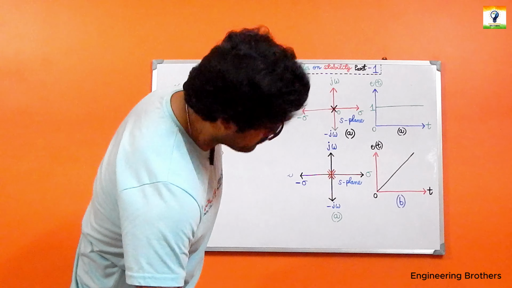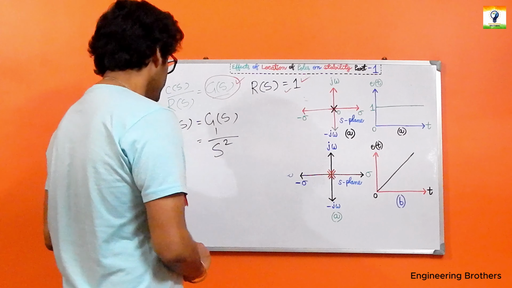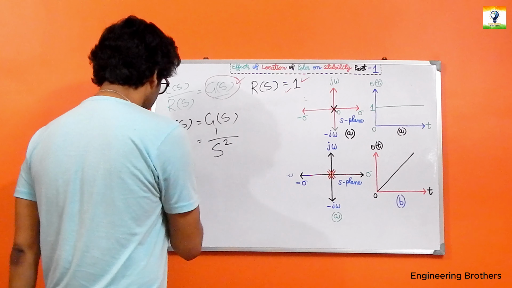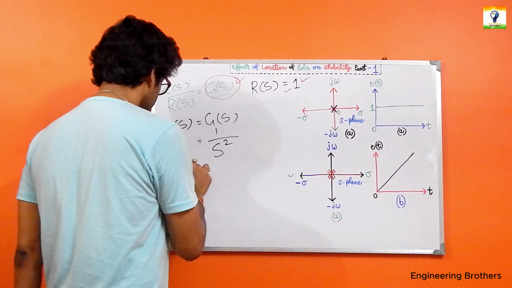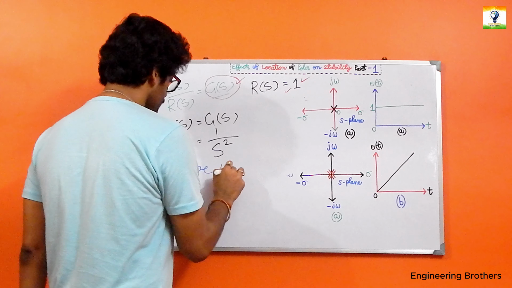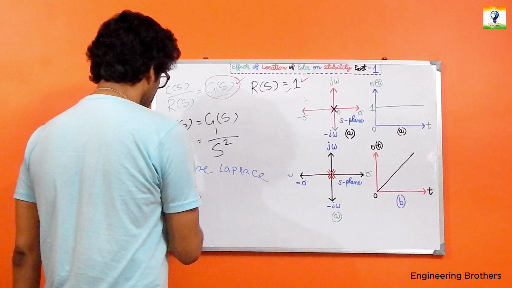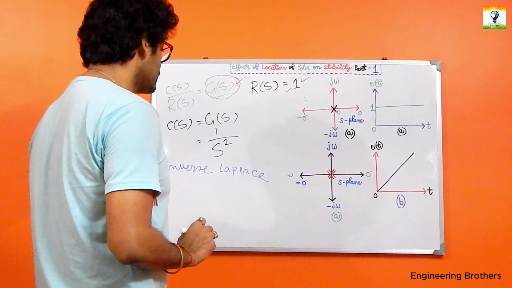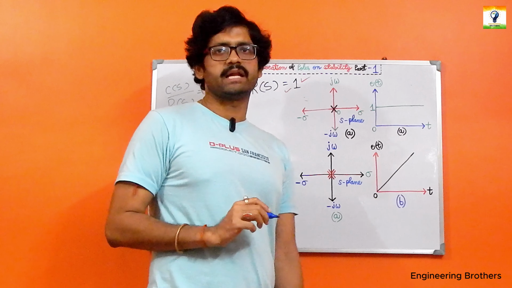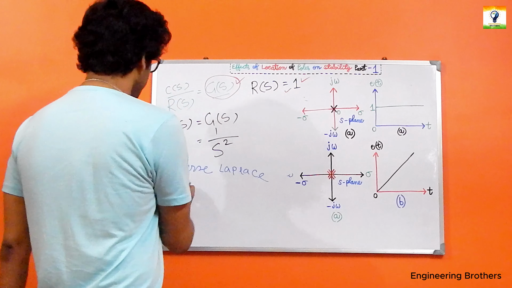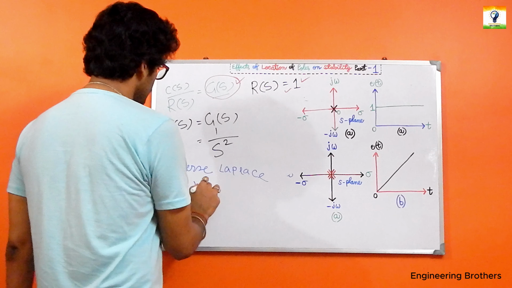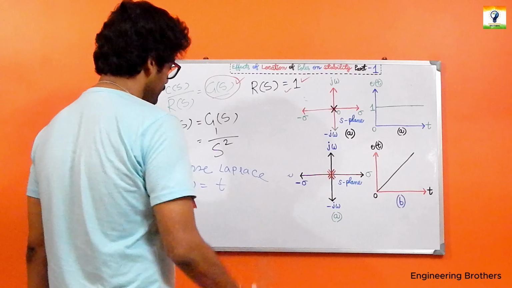Now once again, if you apply the inverse Laplace on that equation, we get back to the time domain, which is c(t), and ultimately the equation will be t.